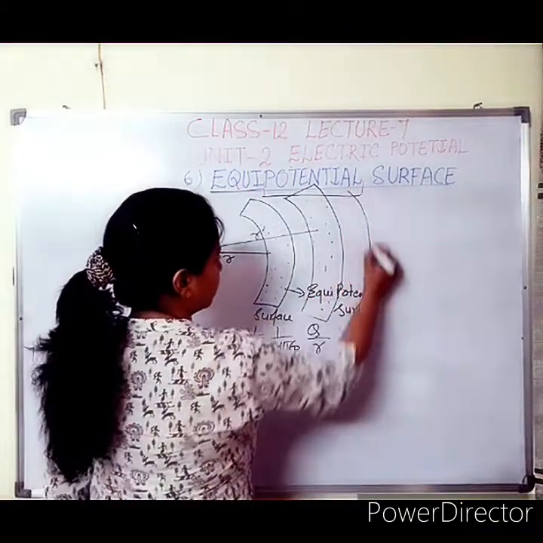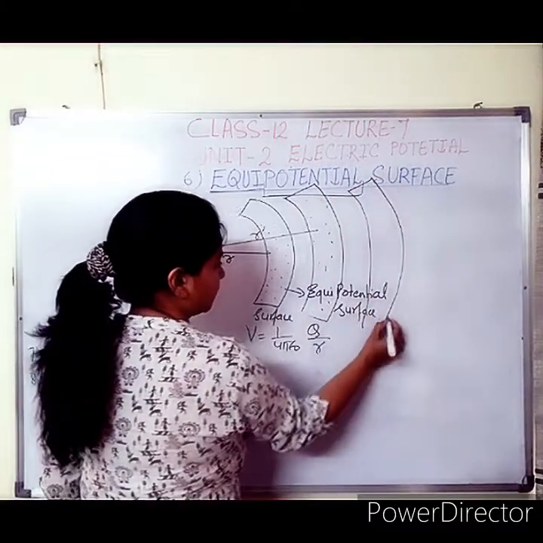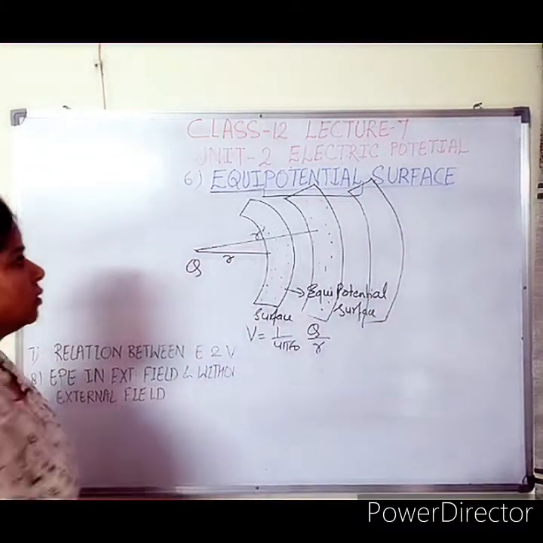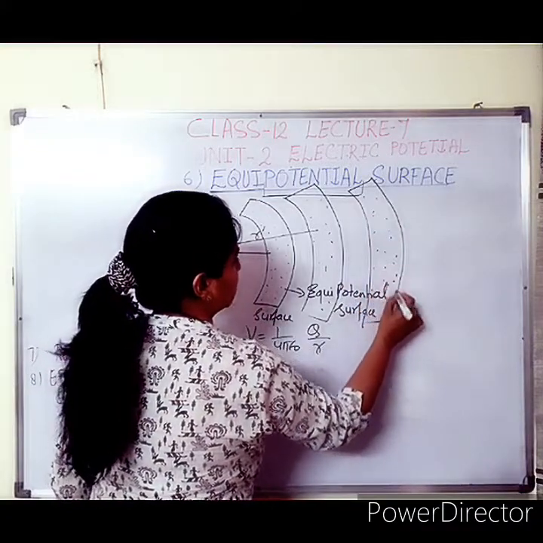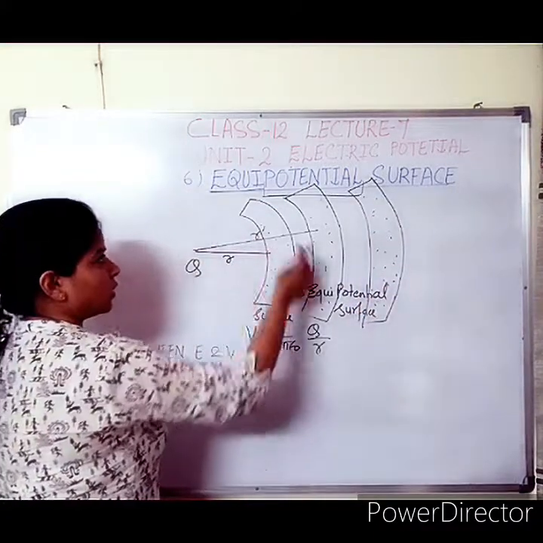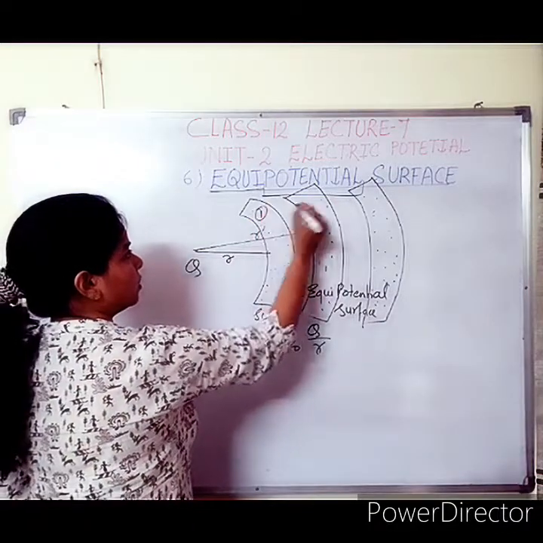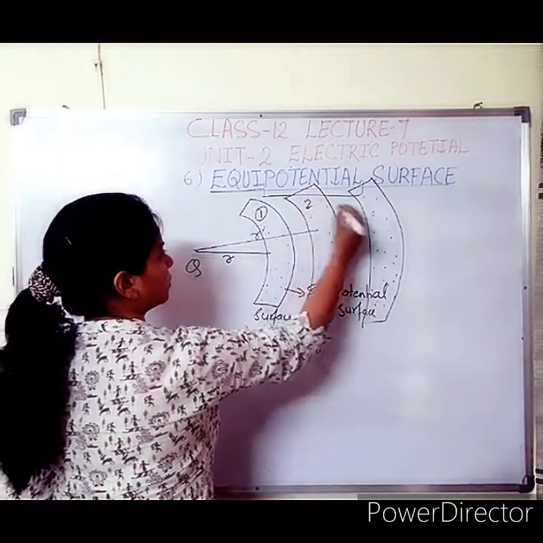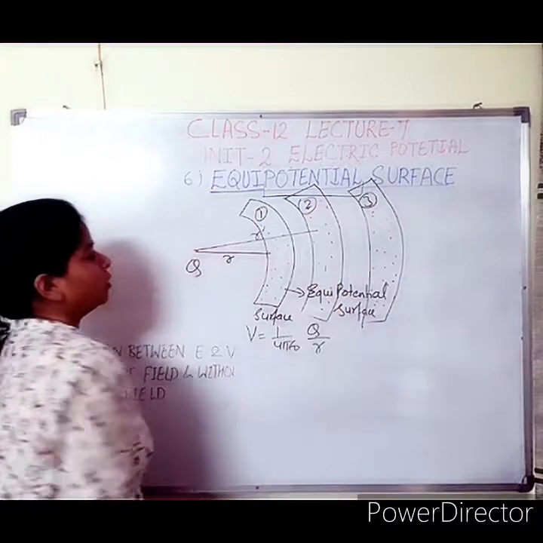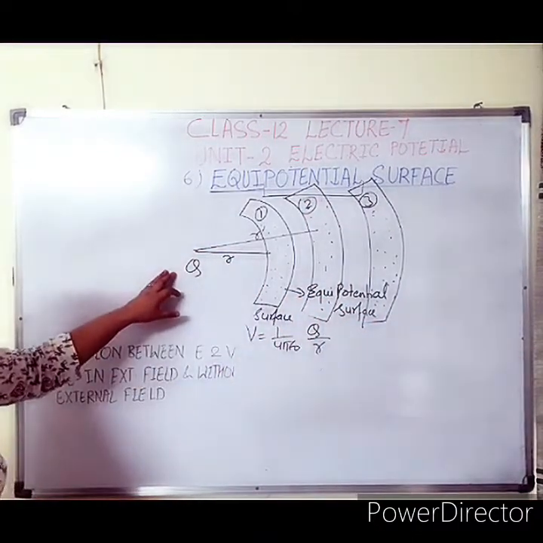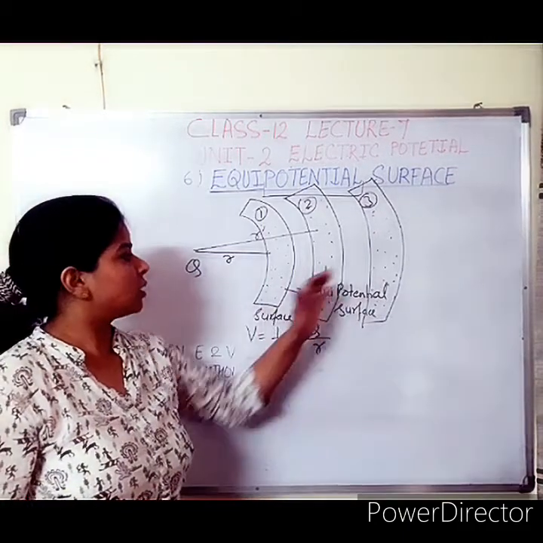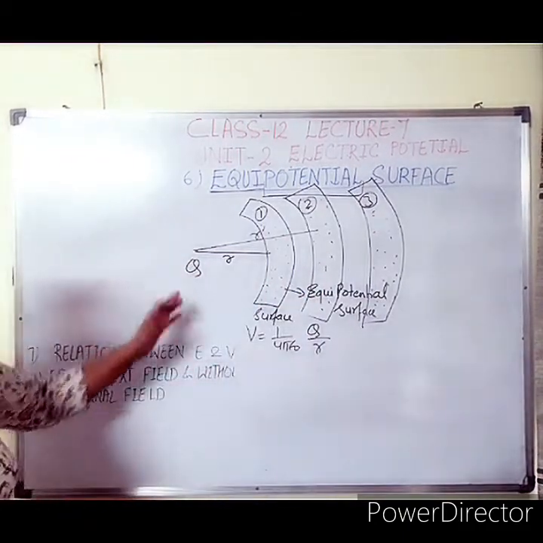Similarly, we can draw so many equipotential surfaces here. So this is the family of equipotential surface, there are 3 members in the family, 1, 2, 3, where the source charge is same and the surfaces are at some distance from the source charge.